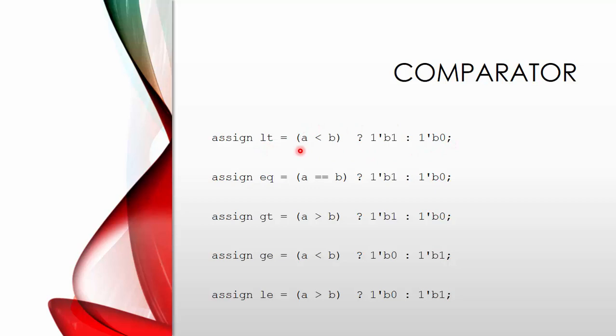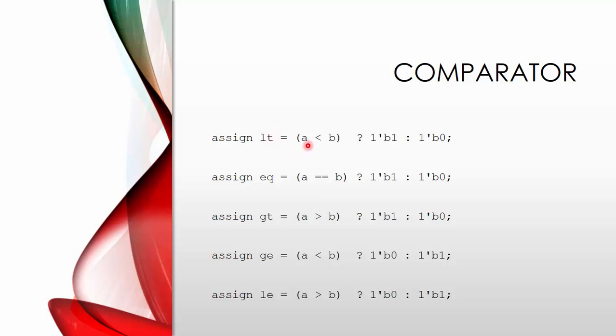For less than, in the condition part of the conditional operator, we put the condition less than, and if it is true, the value in between the question mark and the colon will be taken to the wire that we are connecting to.